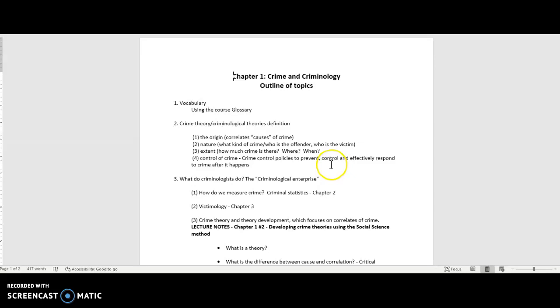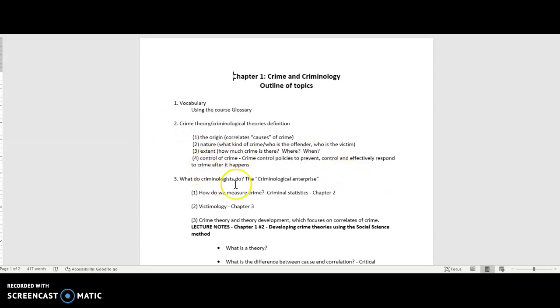And then finally, if we can't prevent crime, we're looking at how do we effectively respond to it after it happens. What's the appropriate sanction for someone who's broken the law? Do we punish? Do we rehabilitate? Do we incapacitate? Lots of different options with important public policy implications.